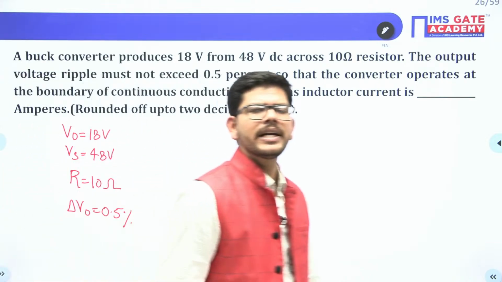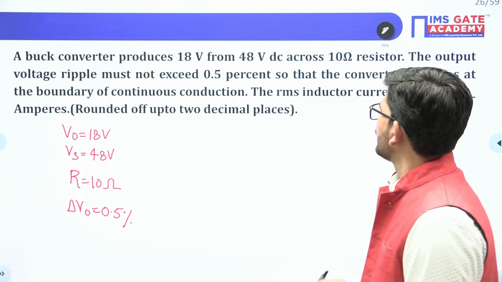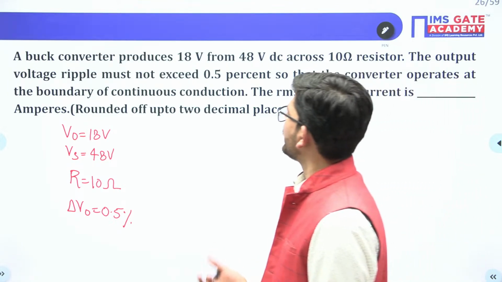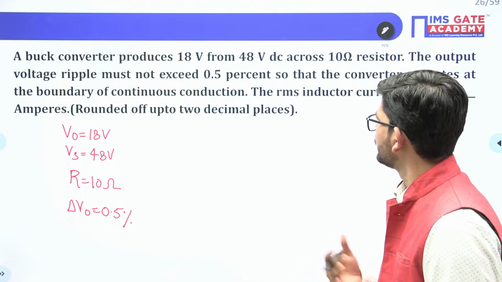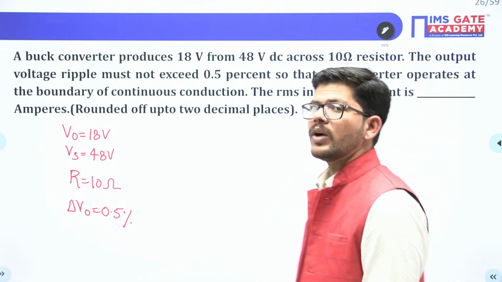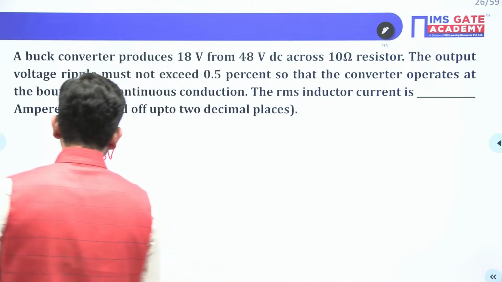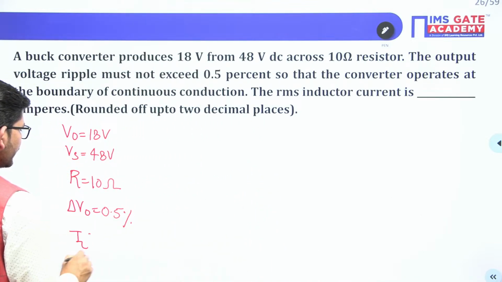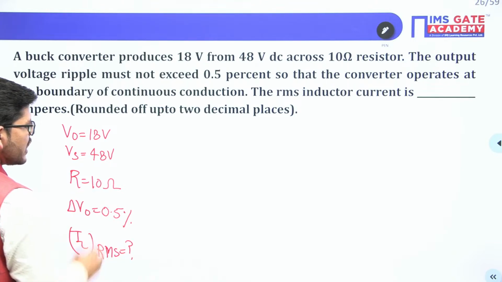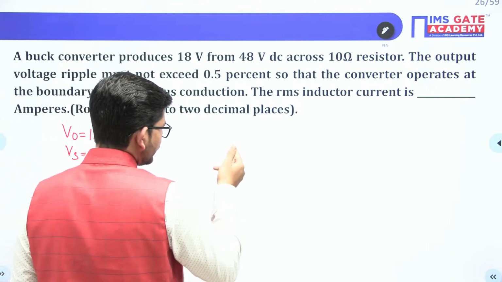Let's see whether this data is useful or not. So that the converter operates at the boundary of continuous conduction. That's fine. The RMS inductor current is, so again we have to calculate the RMS inductor current. So what formula is required? I already have discussed.